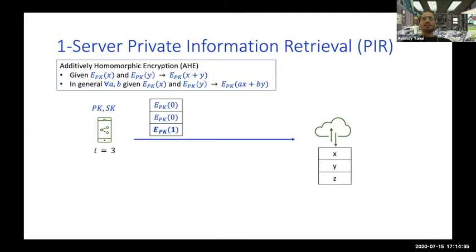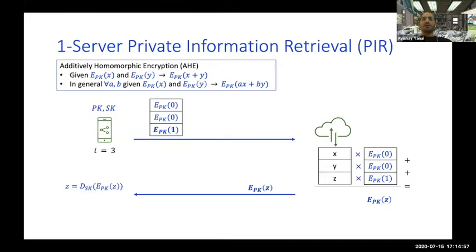The client sends the vector of encryptions to the single server, and the server computes the encryption of a dot product between the vector of encryptions that it got from the client and the table that it already holds. And it can do so due to the homomorphism of the encryption. Then the server hands back the result to the client, and the client can decrypt the result, which is exactly the content of the entry the client wanted to get.